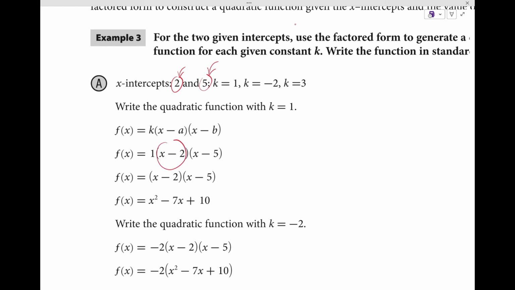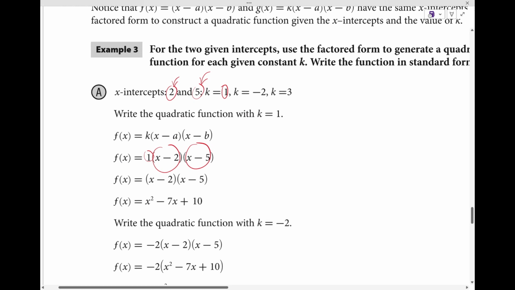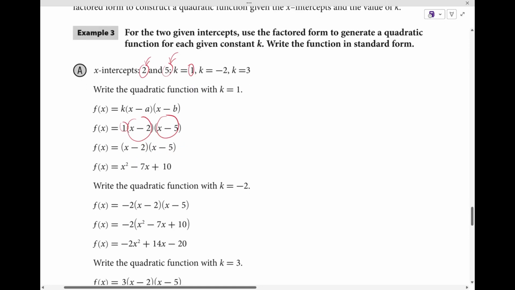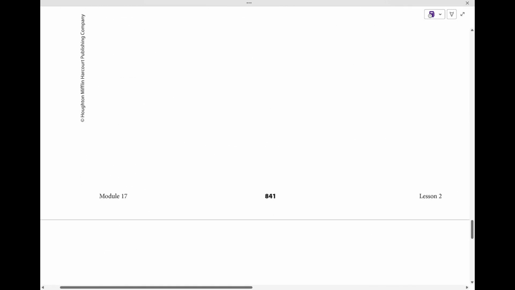So x minus 2 and x minus 5, those are going to work for us. And then if it tells us my k value is 1, my k value is 1 right there. Okay. And I think I'll actually save that a bit more for the next lesson. So don't worry too much about that right now.